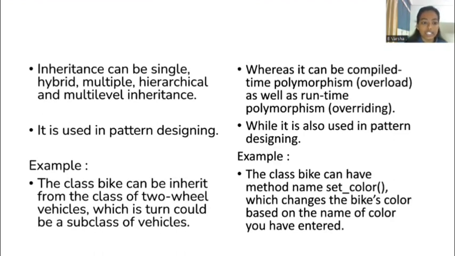Example of inheritance is the class bike can inherit from the class of two-wheel vehicles, which in turn could be a subclass of vehicles. Example of polymorphism is the class bike can have a method named set color, which changes the bike's color based on the name of the color you have entered.